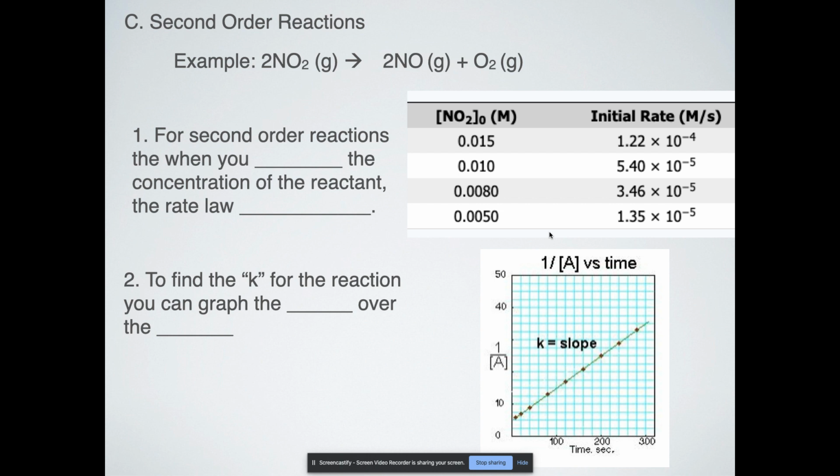So hopefully what you can see is that if I am doubling something, right? So let's say I'm going from 0.0050 to 0.010. 1.35 times 4 is 5.40. So what that means is that when I double a concentration, I'm actually quadrupling the rate. So I'm quadrupling that rate.